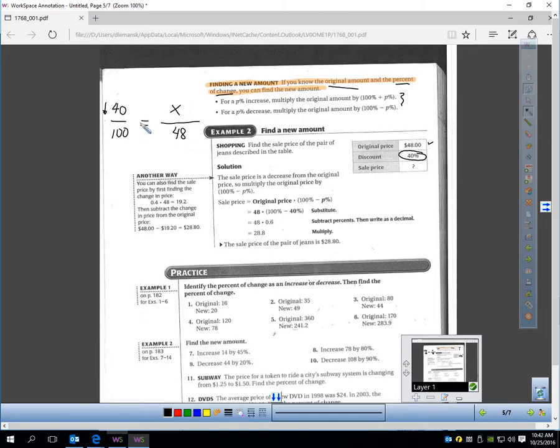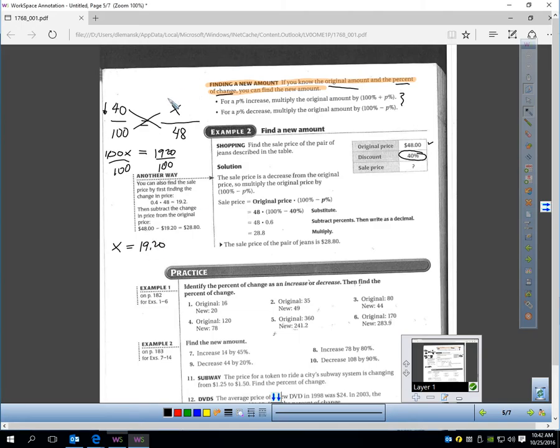Let's cross multiply and solve. 100x equals 40 times 48. 40 times 48 is 1920. If I divide by 100, I just found out that x is 19.20.